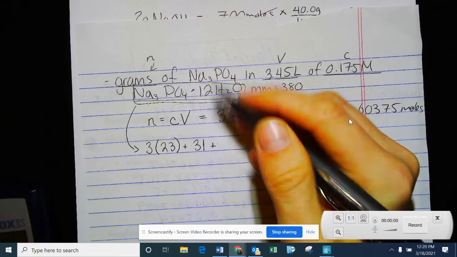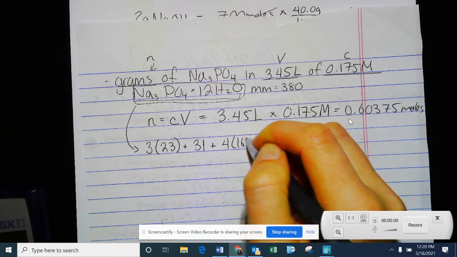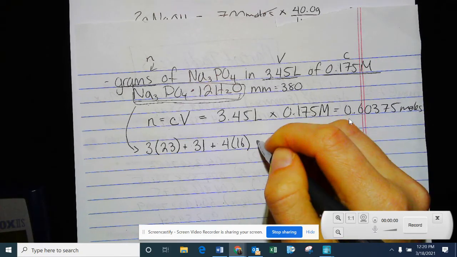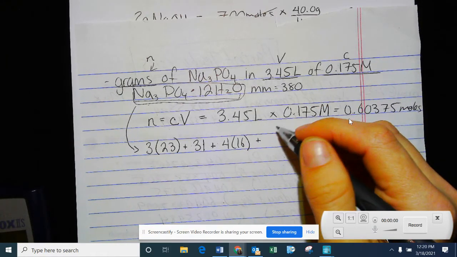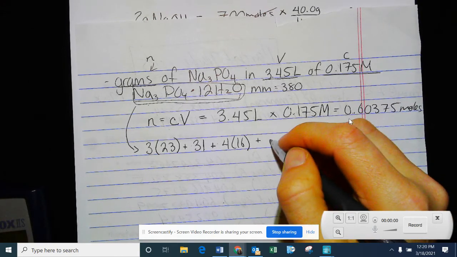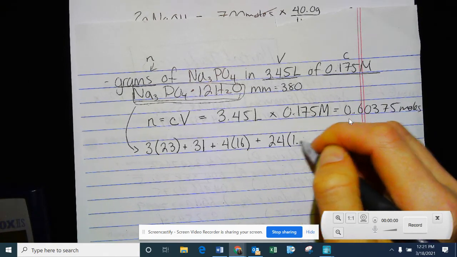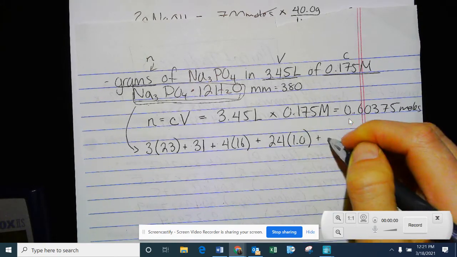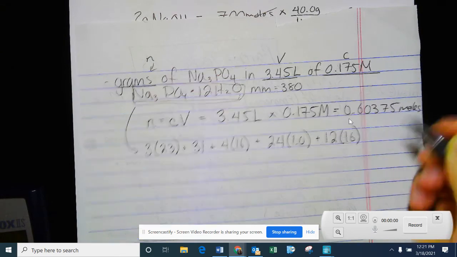Phosphorus, 1, and then 4 oxygen. So yeah, let's go through the whole thing. 4 oxygen, so 16. And then we've got a whole lot of hydrogen and oxygen. So what we've got is 24 hydrogens, which are 1, and we've got 12 oxygens, which are 16.